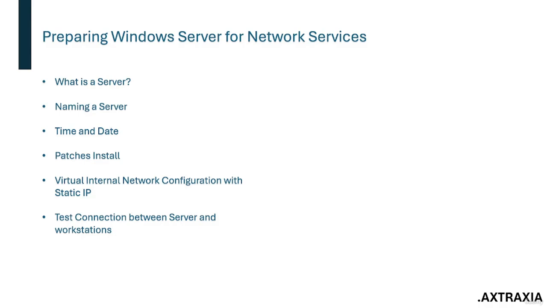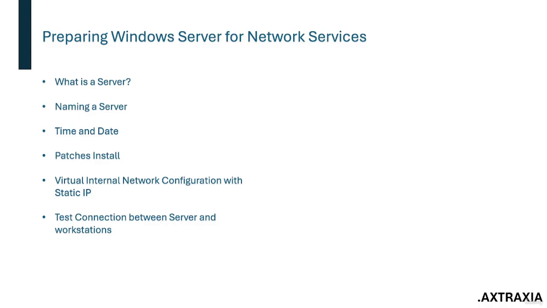So we'd have to explore what some of that is. And then, since it's a network service, whenever you have a server which is rendering service to people in the organization, people who can connect to it and get access to some of the resources, it means there has to be some sort of internal network set up so that the servers can communicate with their clients.